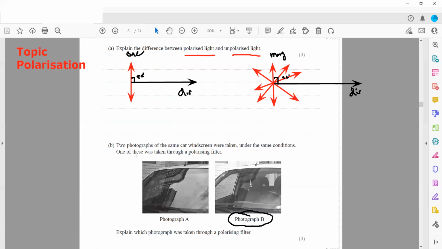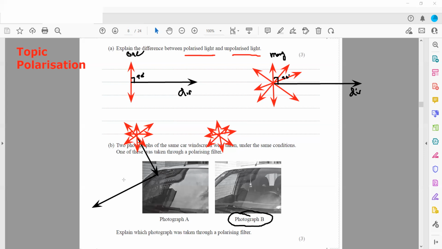For example, the light which has multiple components of the vibration, when this light bounces off, it is partially polarized.